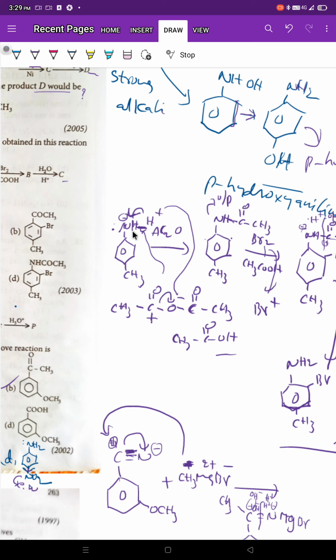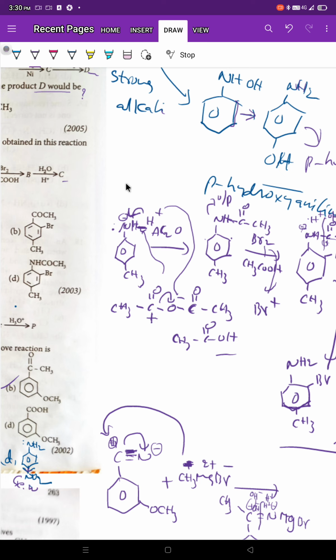Here they have taken NH2. You may write again for better understanding. Whatever it may be, here it is NH2, the whole thing is NH2.